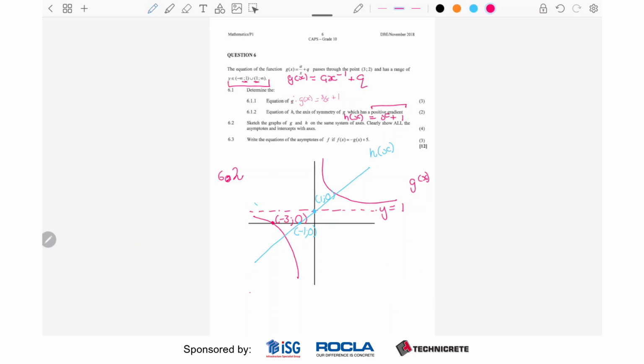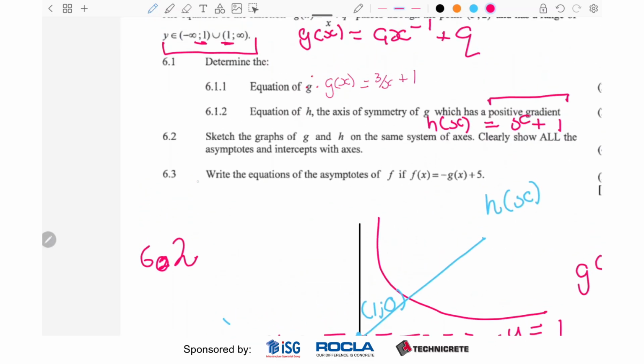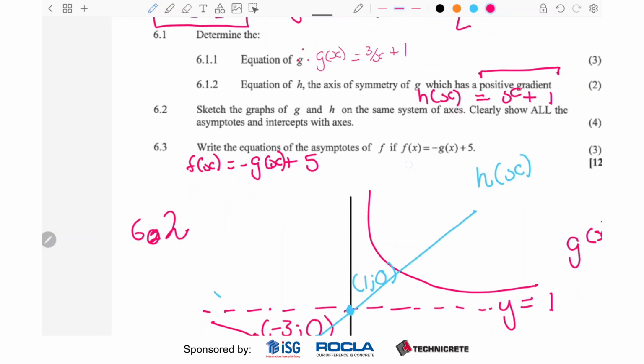Okay. So now they want to know the equations of the asymptotes of f if f of x was negative g of x plus 5. So f of x is equal to negative g of x plus 5. And we know g of x is 3 over x plus 1.